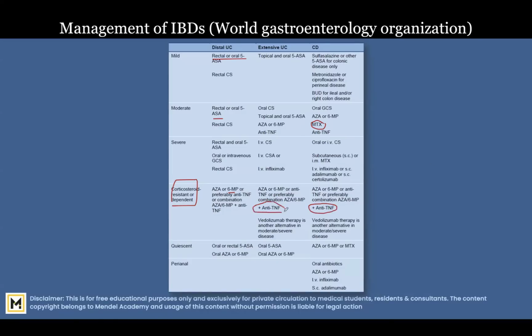Be very careful. This is why you should ask for a medication history when you come across a case of IBD. They have actually mentioned infliximab and adalimumab here. The reason why I have delved so much into the management is because we pathologists are no longer restricted to knowing just the pathophysiology and the histopathology features.